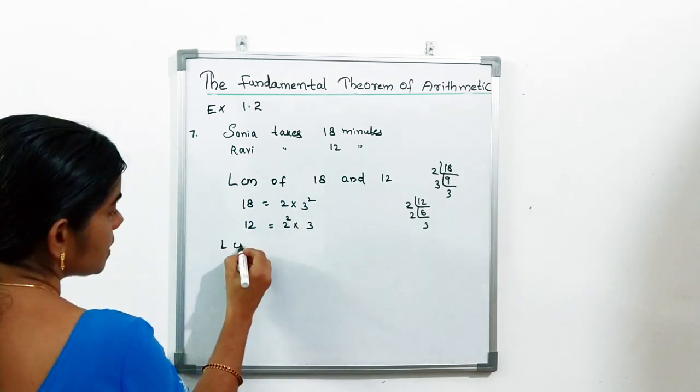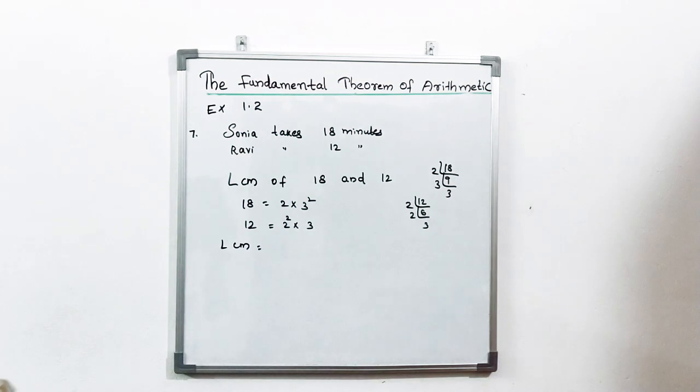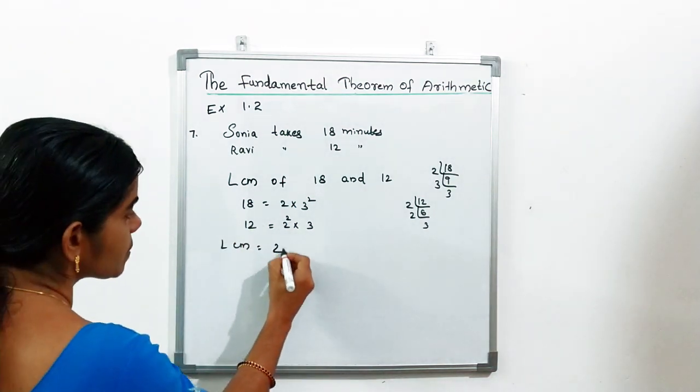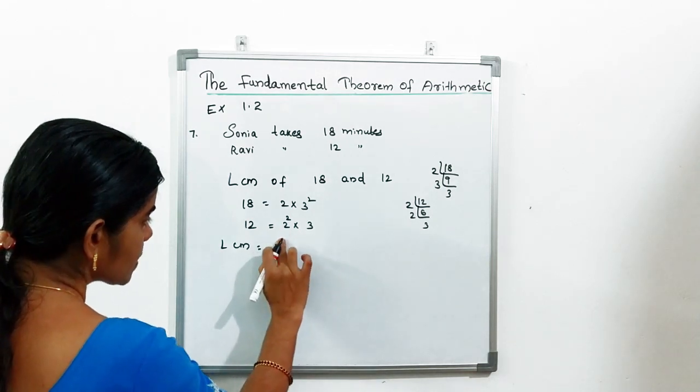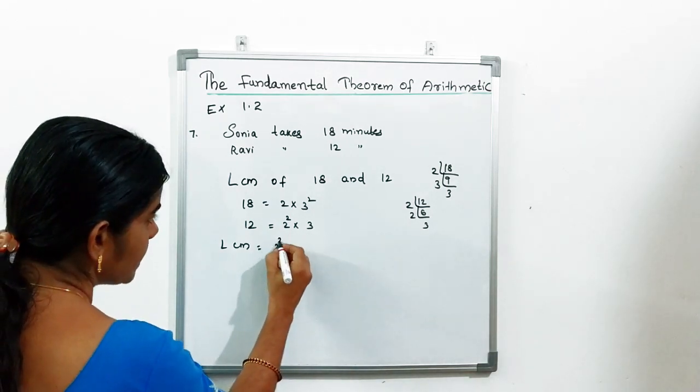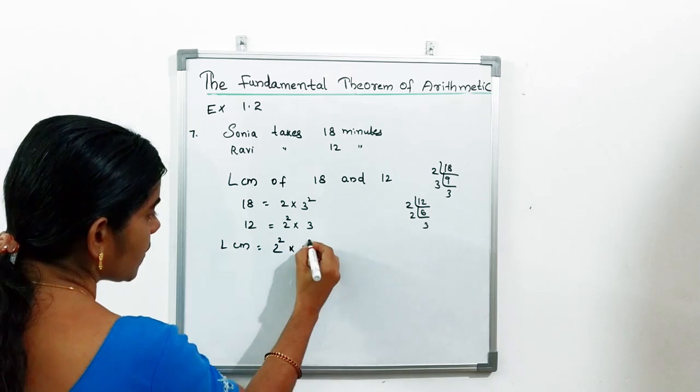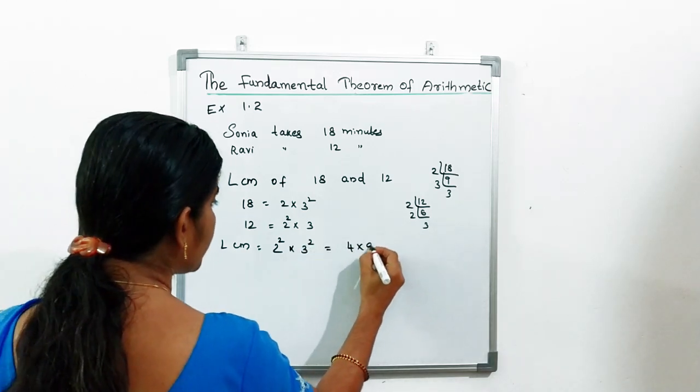We know that for LCM we take the highest power. Out of 2, 2 square is the highest. Out of 3, 3 square, that is 4 into 9.